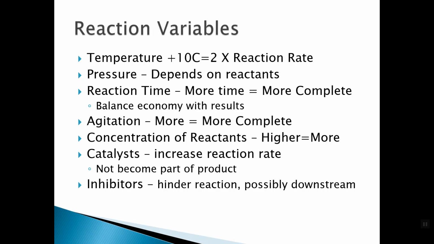Okay, and that's 10 degrees C. Now that's not true for every single reaction, but that is a pretty good general rule of thumb. That as we increase the temperature, we're going to increase the speed in which the reaction happens, which is going to decrease the amount of time. And that's important for throughput because as materials sit in a reactor not reacting, we're not making any money off of it. So we want it to react as fast as we can, balancing with safety.